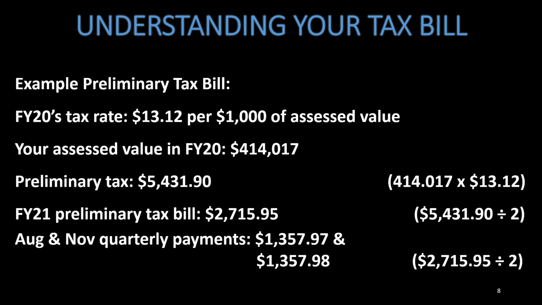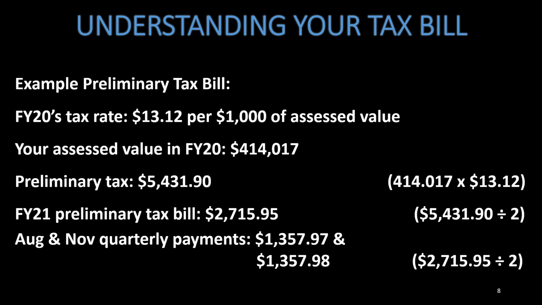You would have 2 quarterly payments in August and November of $1,357.97 and $1,357.98 respectively. That's calculated by taking that preliminary tax bill of $2,715.95 and dividing it by 2.